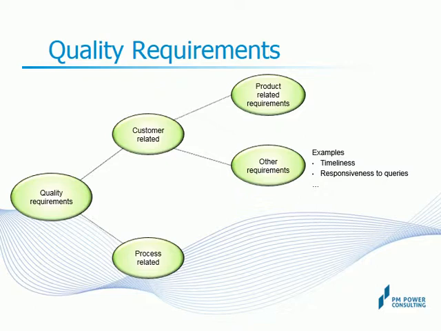What are some of the product-related quality requirements? Where do you get these from? Very often the only explicitly stated product requirements are the functional requirements. You would be familiar with those and how those are taken care of as part of planning and scheduling.